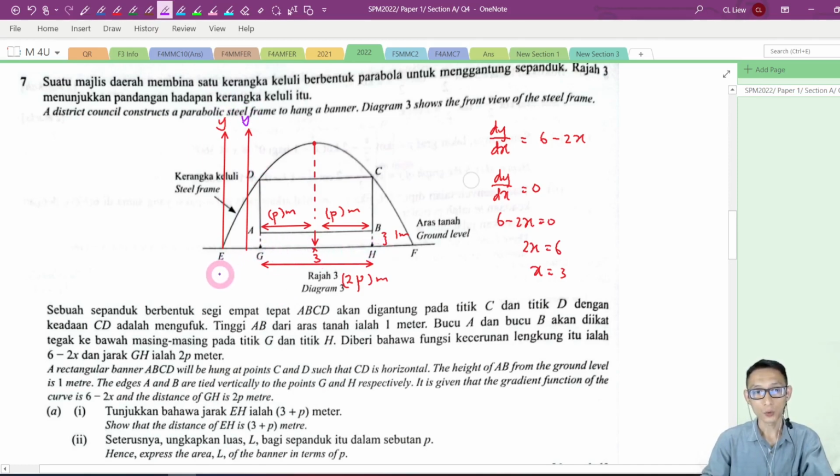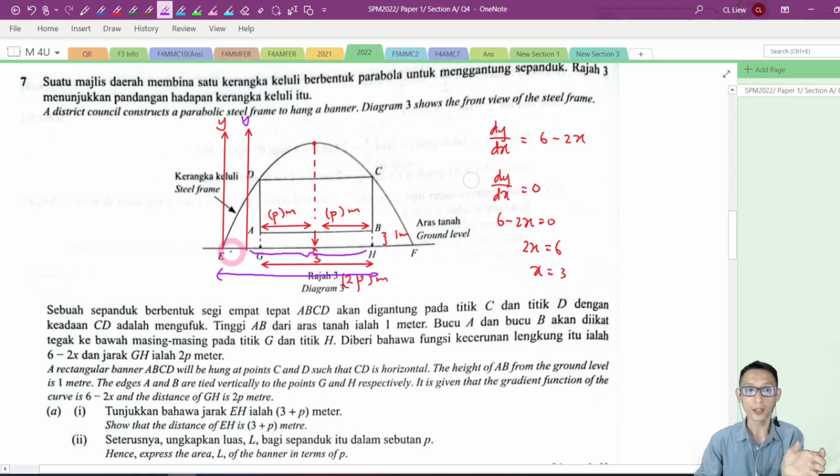But if the question asks you to find E to H, this here is 3 plus p meter, and we need to add the length here also. So the distance of EH will no longer be 3 plus p meter. So in this question, the y-axis is actually over here.